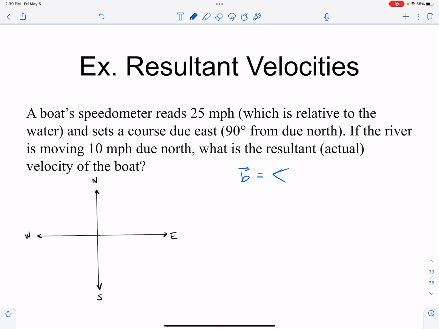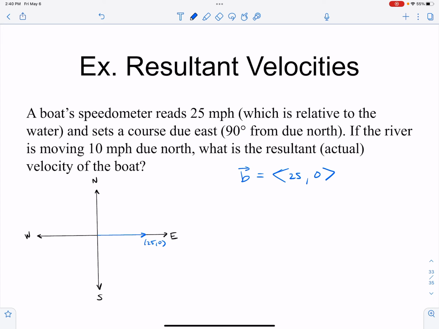Okay, well, if the boat is driving directly east and its speed is 25 miles per hour, the vector that would represent that would terminate at the position 25, 0. Right? Because the magnitude is 25 miles per hour.